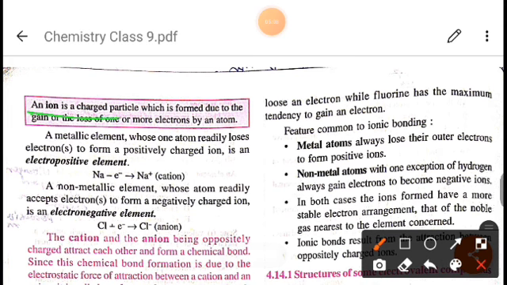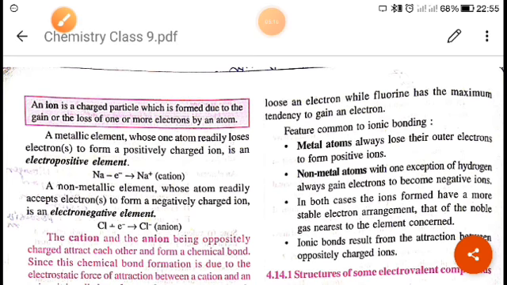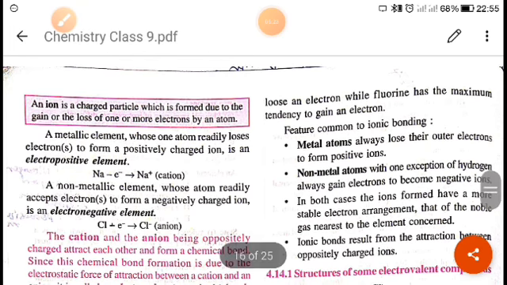An ion is a charged particle which is formed due to the gain or loss of one or more electrons by an atom. I hope you have understood this.